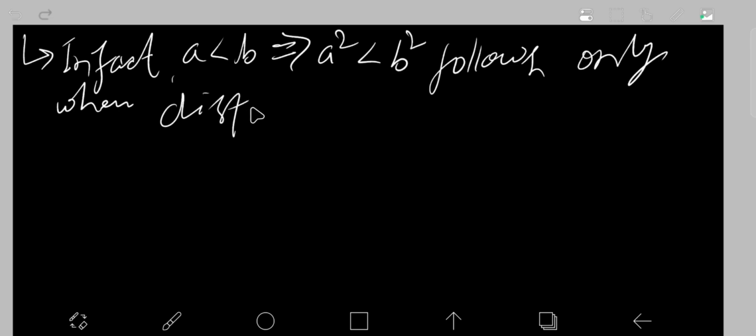here we see the distance from the origin.